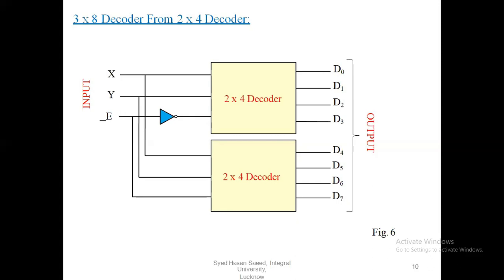When E is equal to 0, which decoder is enabled, the top one or the bottom one? The top one. So when E is equal to 0, here it becomes 1, so it will be activated.